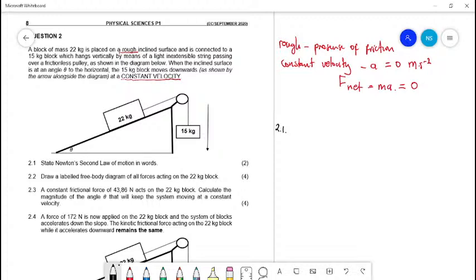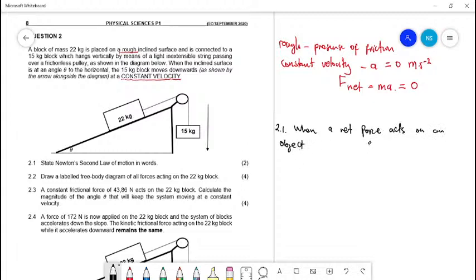So Newton's second law of motion, according to the examination guidelines, states that when a net force acts on an object. So this one addresses the net force.